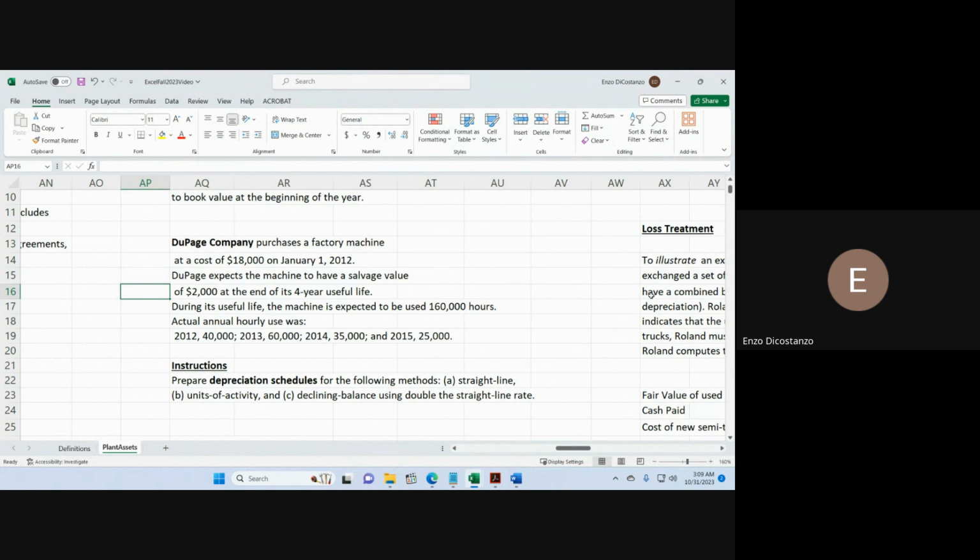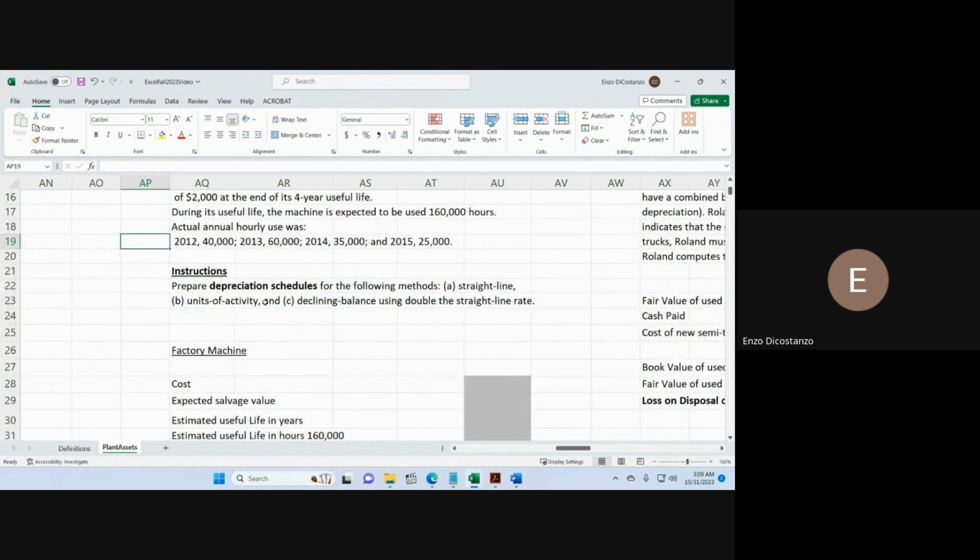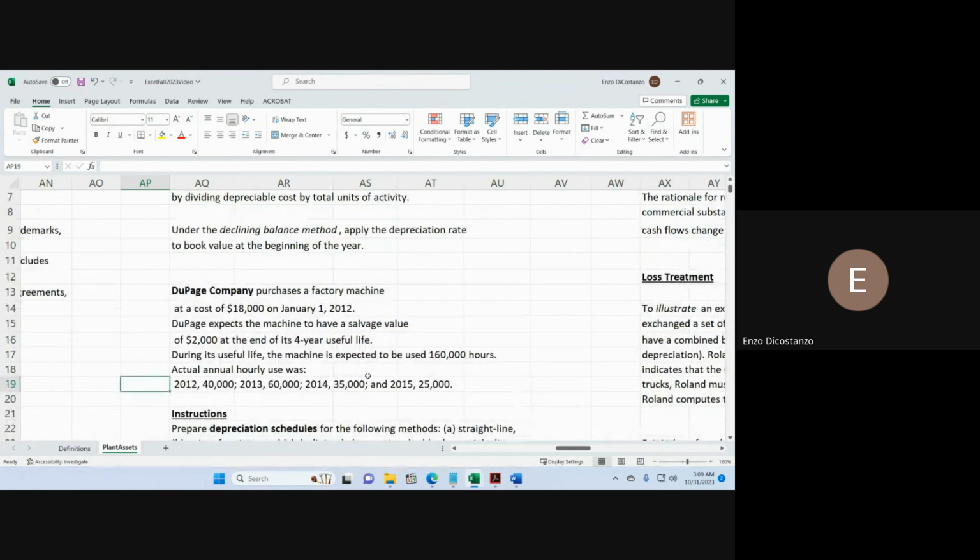Whatever the piece of equipment is, it's going to be 160,000 hours, and then we have a couple years of usage that we can use for the units of activity method. So we're going to create depreciation schedules for the following: straight line, units of activity, and then declining balance.